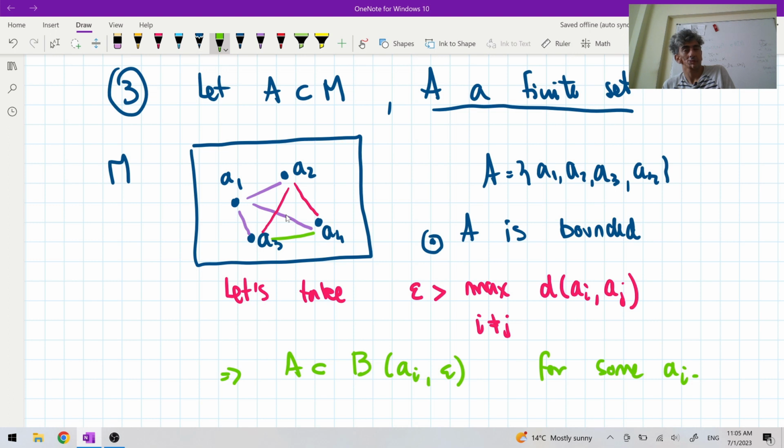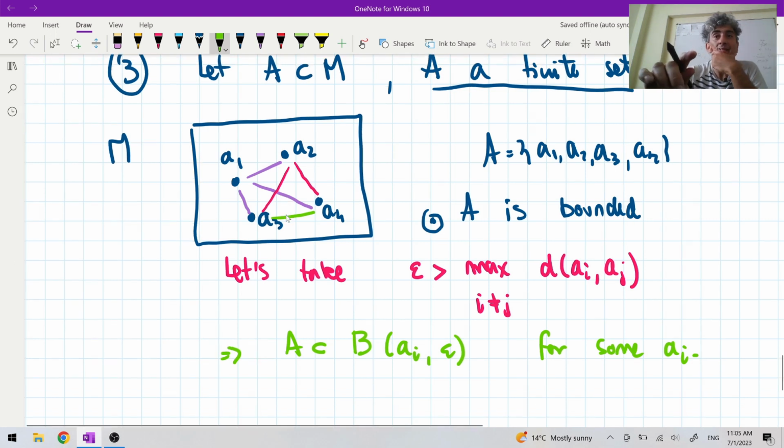We can fix one of the elements as the center of the ball, then look at the distances and take a radius which is bigger than the maximum of the distances. And then we're covered. Then we're done. So if a set is finite, then it's bounded.